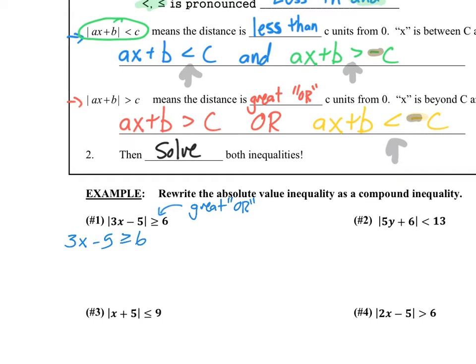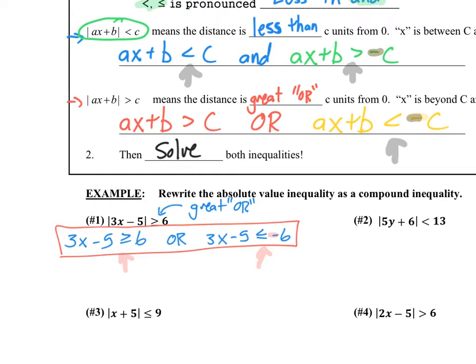Then we use the word or, because it's a greater or then. Everything is the same except for now, 3x minus 5. You flip your symbol and you change it to negative 6. So notice we flip the symbol and we change it to a negative 6. Okay, and this is going to be the compound inequality.